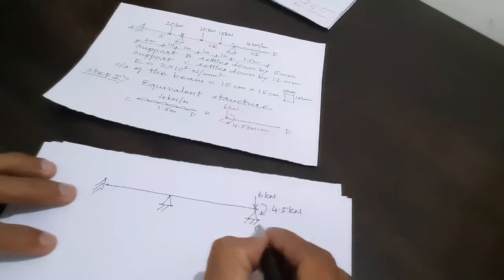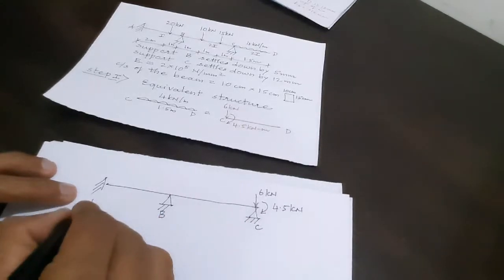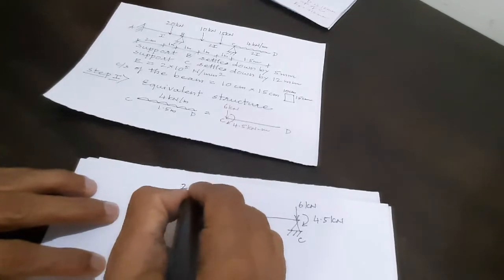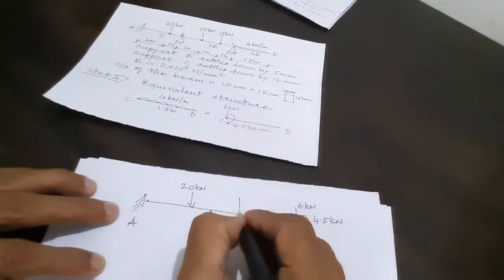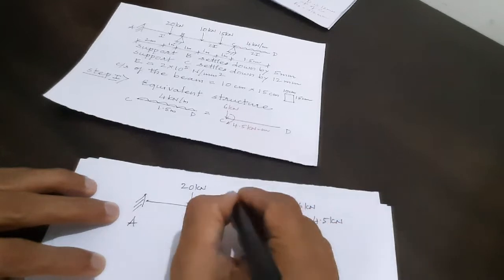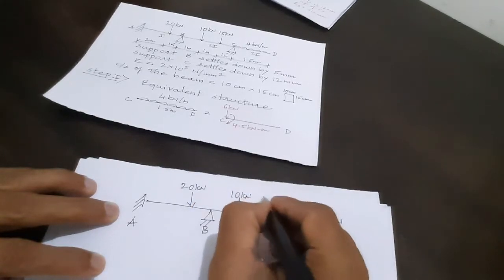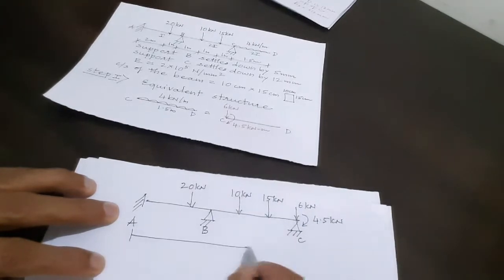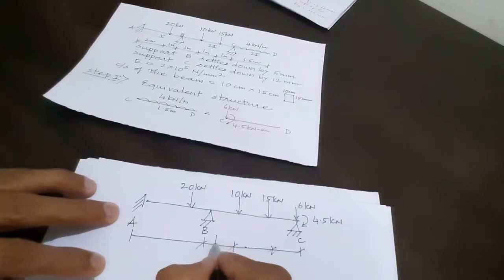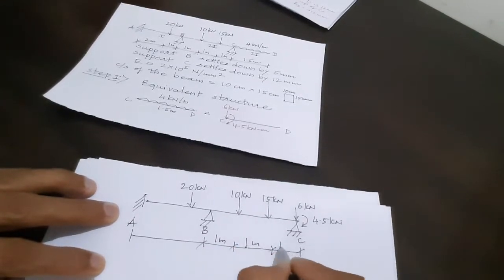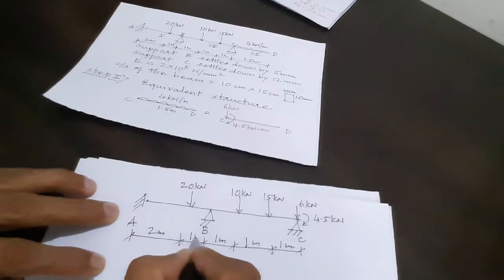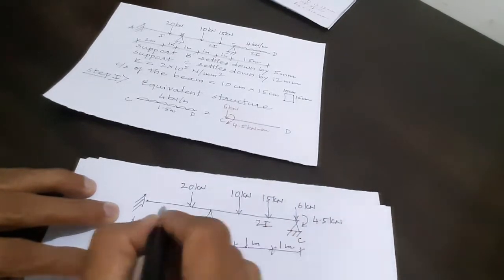This is C, this is B, this is A, and the rest of the things are the same. This is 20 kilonewton acting eccentrically, and there are two loads, 10 kilonewton and 15 kilonewton, acting at these distances, 1 meter each, and this is 2 meter and 1 meter, 2I, and this is I.